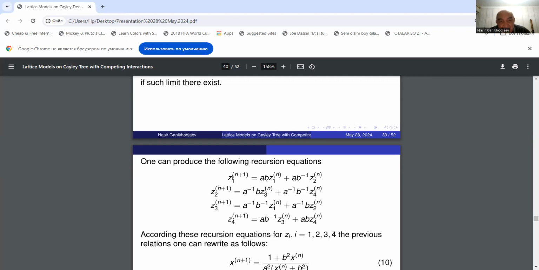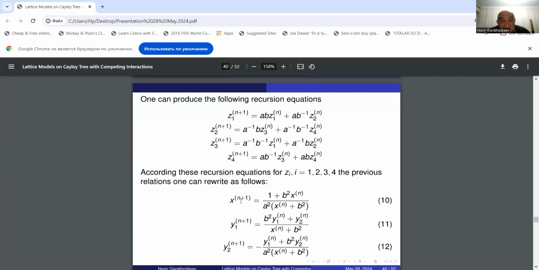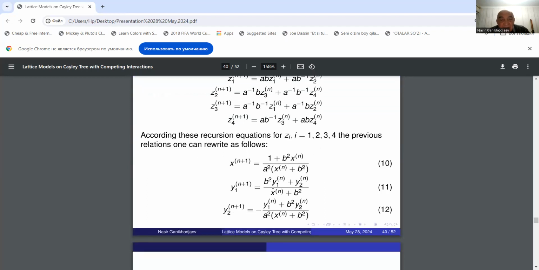That is, Z1 equals this one, and so on. So now from these equations, coming back to the variables X, Y1, Y2, we have this ratio. So now we have these recurrent equations. Now we can consider what we will have when n goes to infinity.